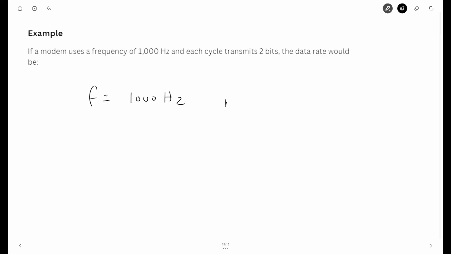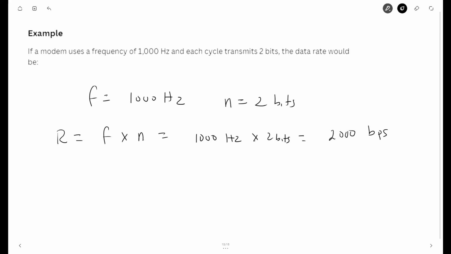So N is equal to 2 bits. What would the data rate be? For that, we use the formula R is equal to frequency times N. So it will be 1000 hertz times 2 bits, which is equal to 2000 bits per second.